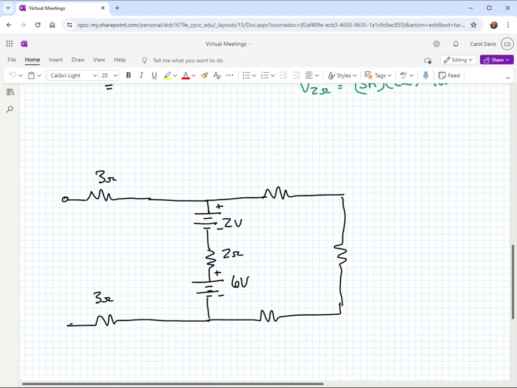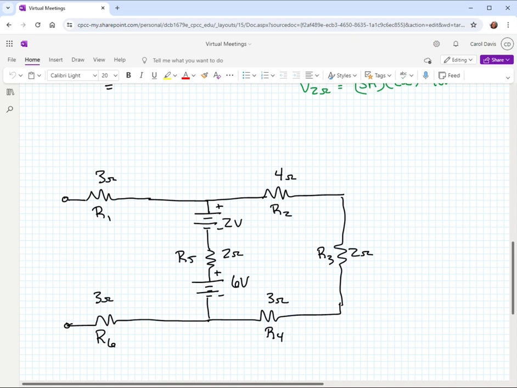Let's see, 4, 2, and 3. And I'm going to go ahead and name my resistors just so that we know which resistors we're talking about. Doesn't really matter how you name them. We're just going to make sure that they have names.